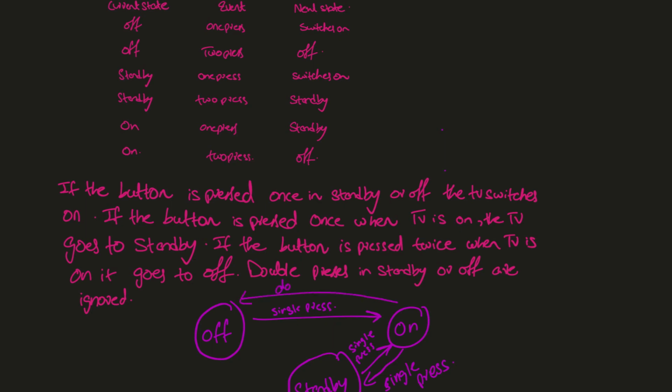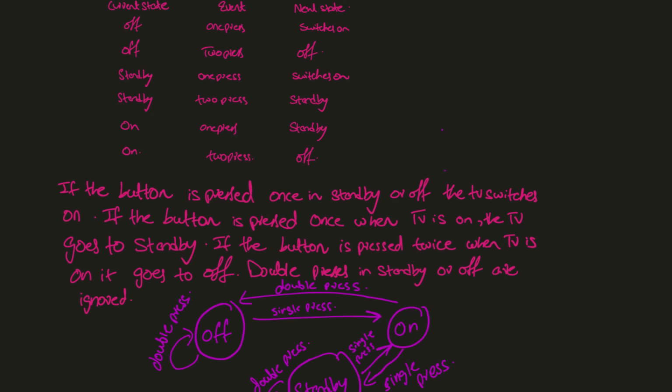So this happens when you have a double press. Double presses in standby or off are ignored. This means that when you double press on off, you go back to off. You don't do anything else. This is known as a double press. And when you do it on standby as well, you stay in standby.